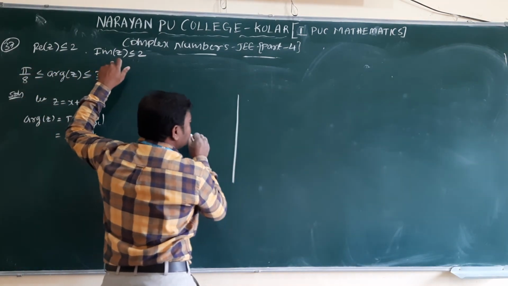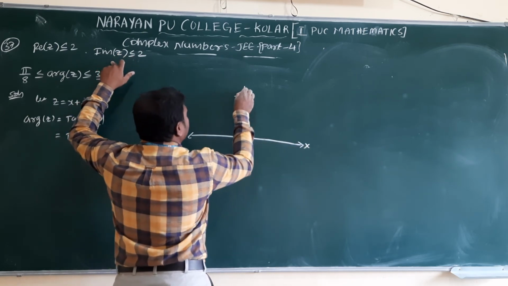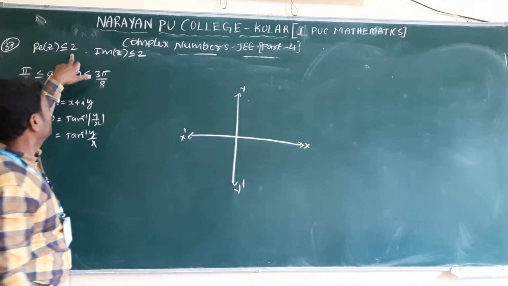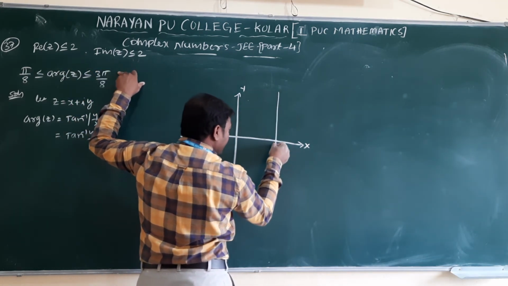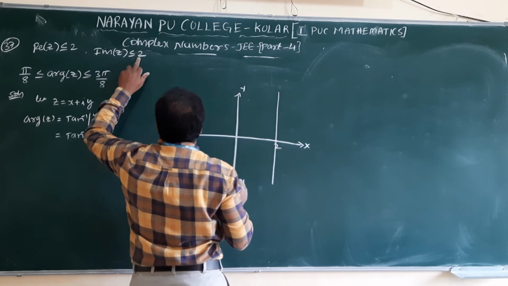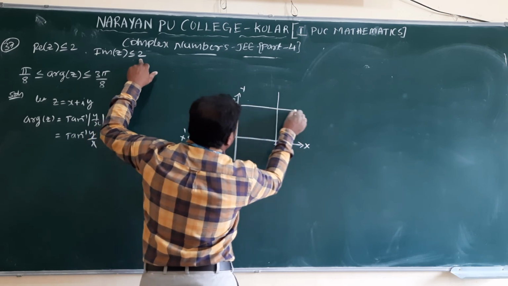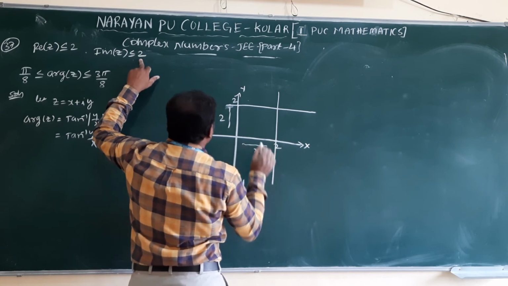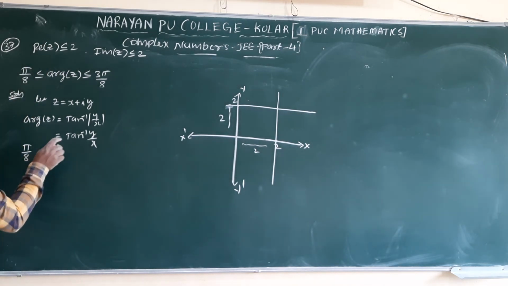On the x and y axes, the real part of Z is equal to 2, and the imaginary part value is 2. So this distance is 2 and 2, then pi by 8 is less than or equal to argument of Z.